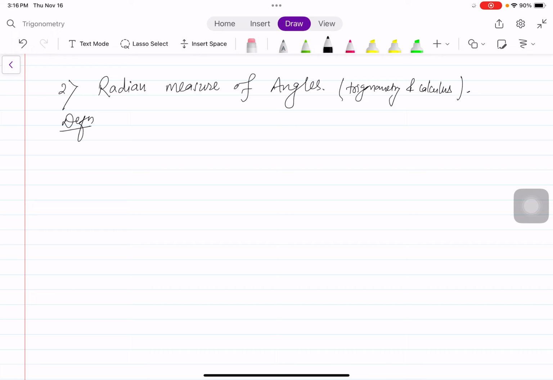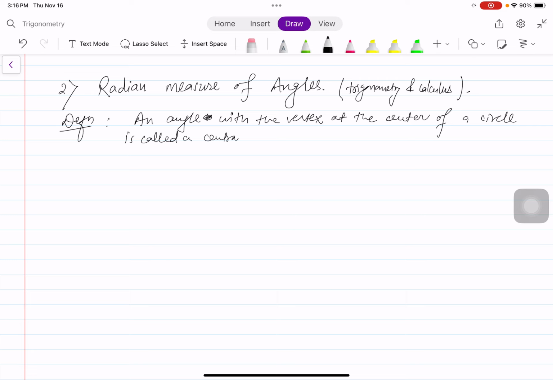First, we will discuss the definition of central angle. The definition: an angle with the vertex at the center of a circle is called a central angle.